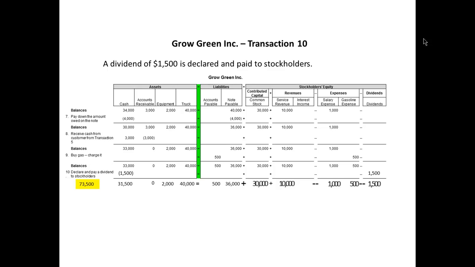Liabilities of $36,500 plus stockholders' equity $37,000 equals $73,500 on the right side of the equal sign, so the accounting equation is still in balance. This concludes the ACLET record transactions.